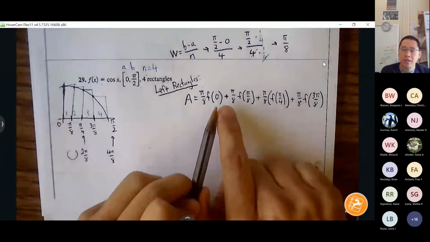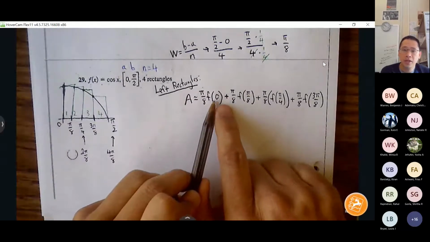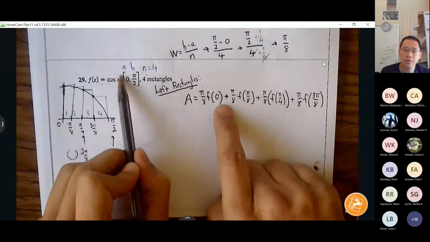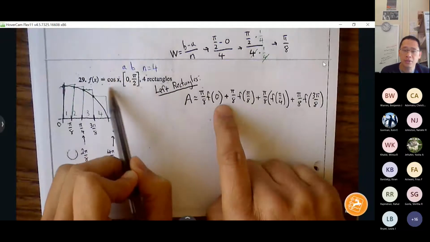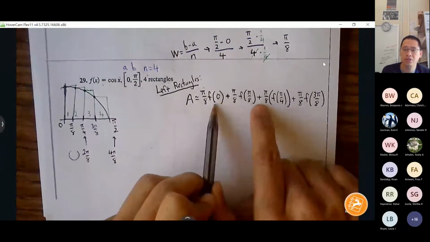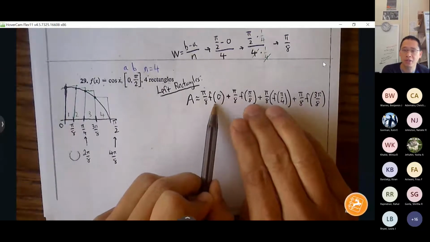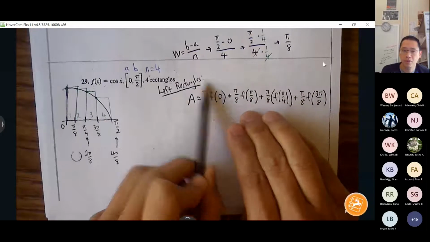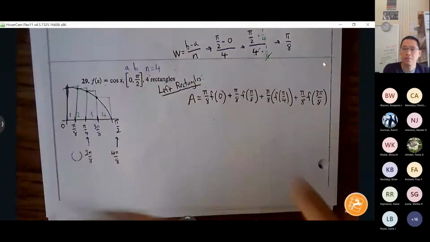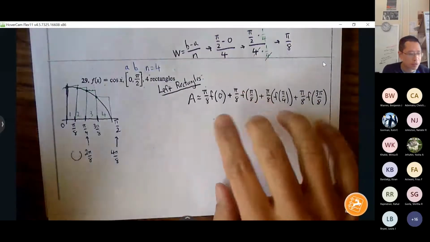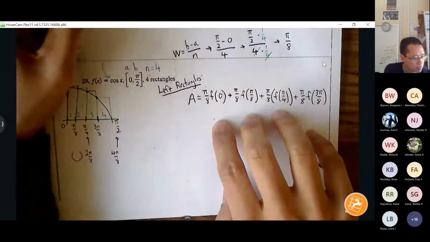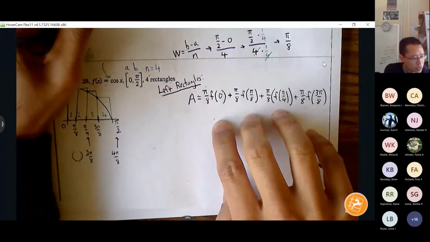Okay, so now we're going to take the time to enter each of these values into the x value of the function to get the height component, right? To get the exact height, because right now this is all sitting in function notation. This is telling us what to do, but we haven't found the actual height value yet. So enter into the function. Now, these are all in terms of pi here, so if you enter this in the calculator, make sure that you're in radian mode.